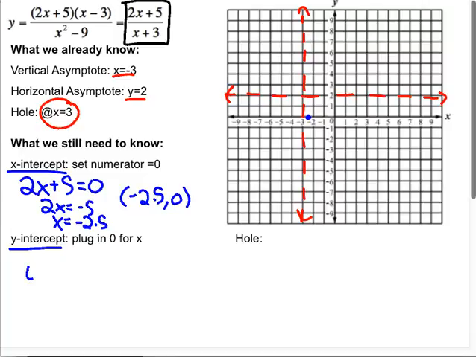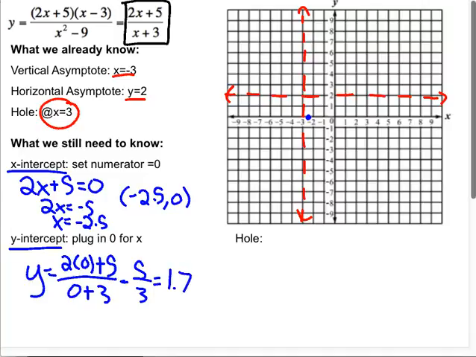My y-intercept is where I plug in zeros for my x's. So 5 divided by 3 is about 1.7. It's 1.6 repeating. So my y-intercept is about right there.